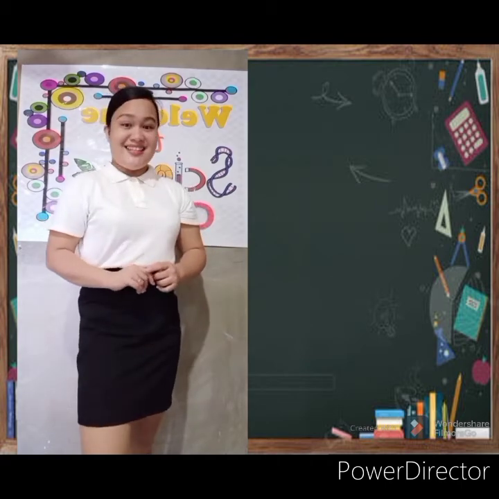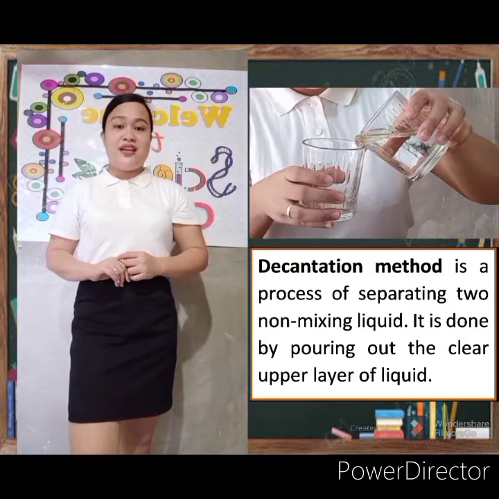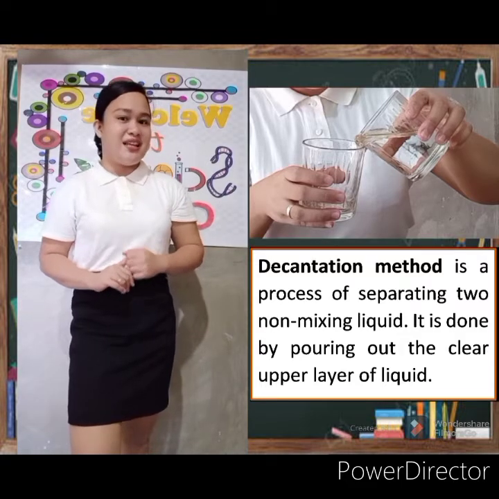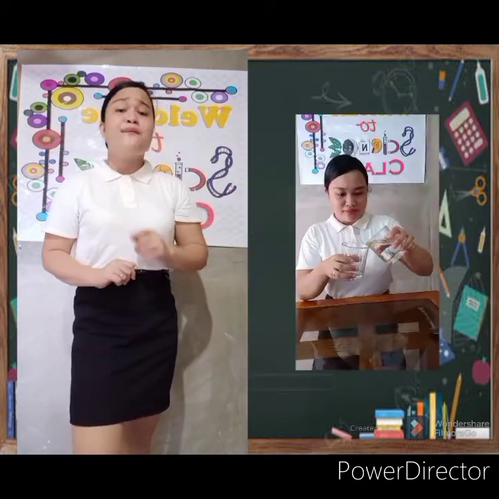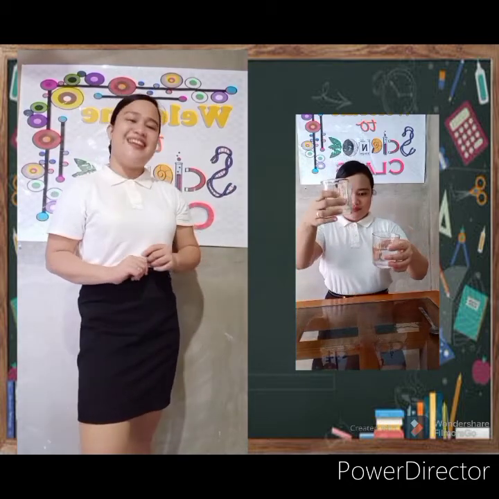Yes, and that is the decantation method. Class, decantation method is a process of separating two non-mixing liquids, just like water and oil. It is done by pouring out the clear upper layer of the liquid.